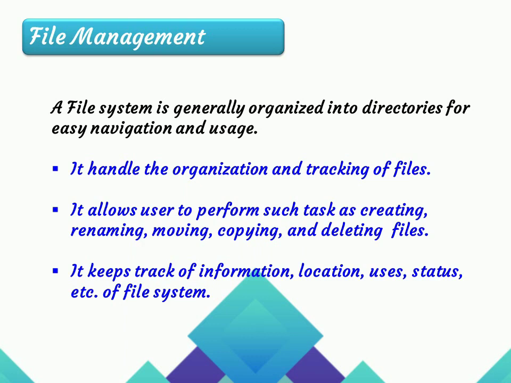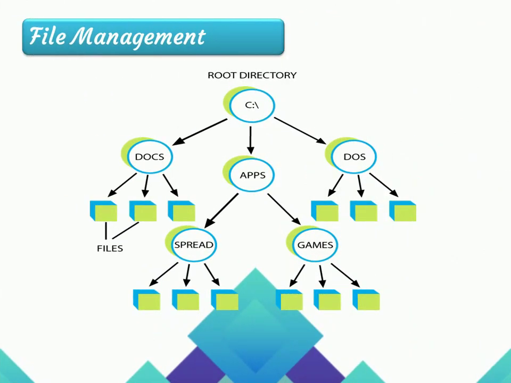Next, it allows the user to perform tasks such as creating, renaming, moving, copying and deleting files. And it keeps track of information, location, uses, status, etc. of the file system.